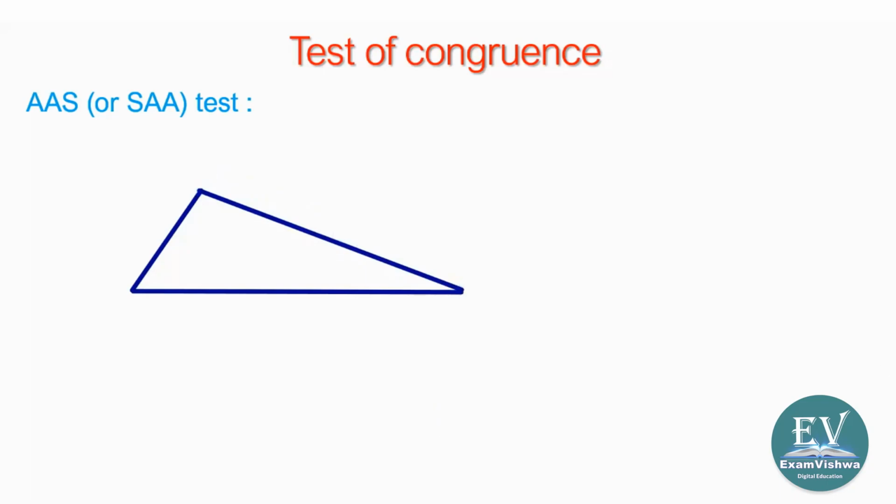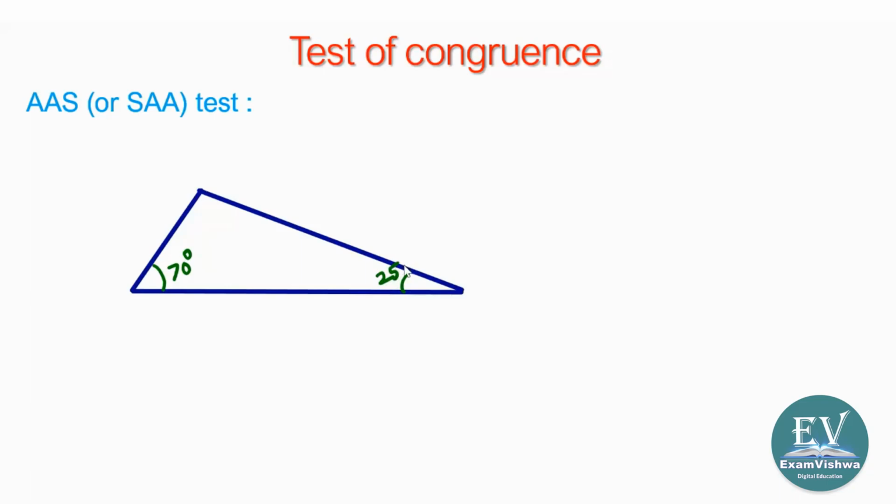Suppose that this angle is equal to, approximately, not an accurate one, 70 degree and this angle is equal to approximately 25 degree, don't think about it much.